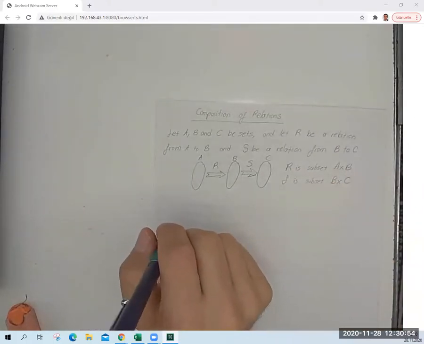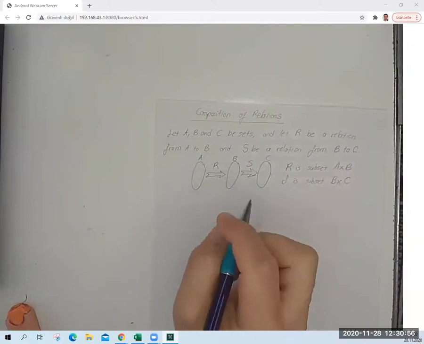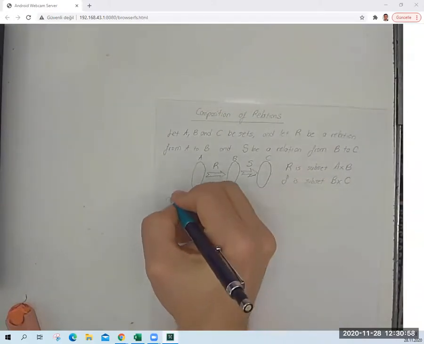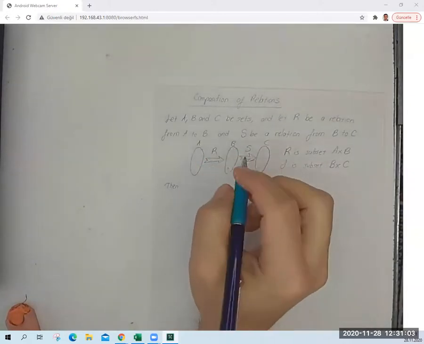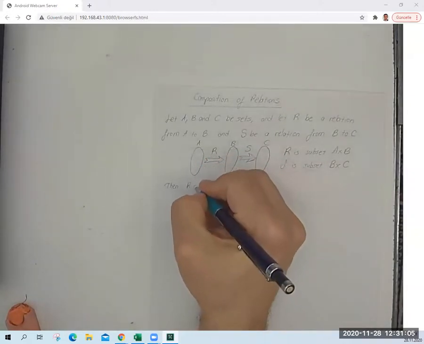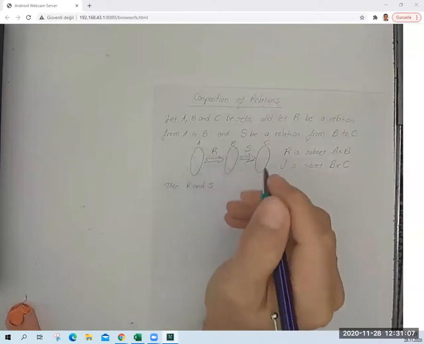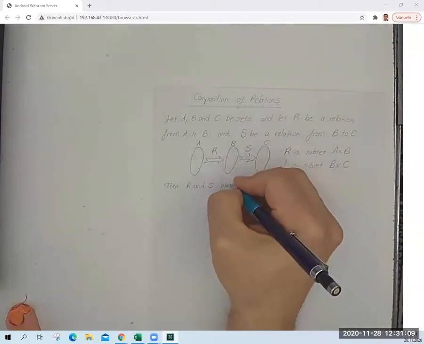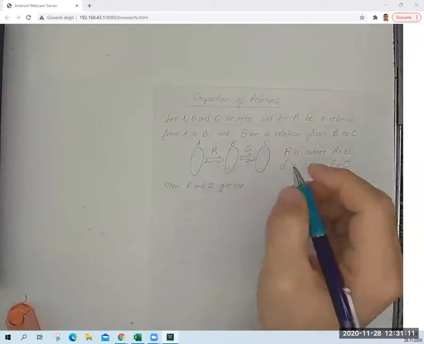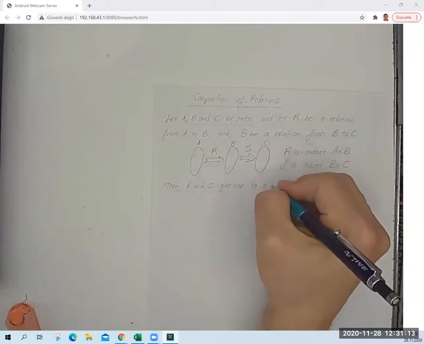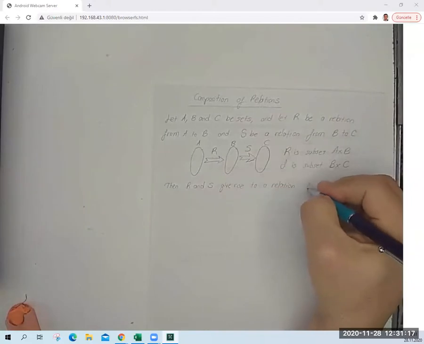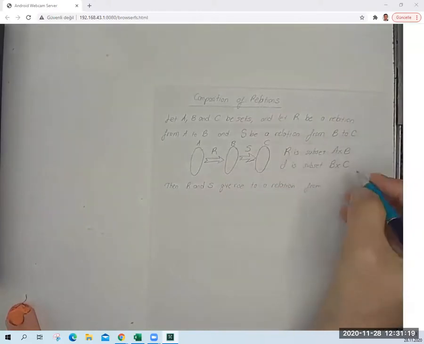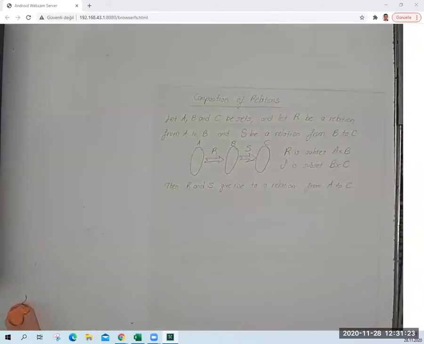And then, according to that explanation, R and S give rise to a relation from A to C, right?